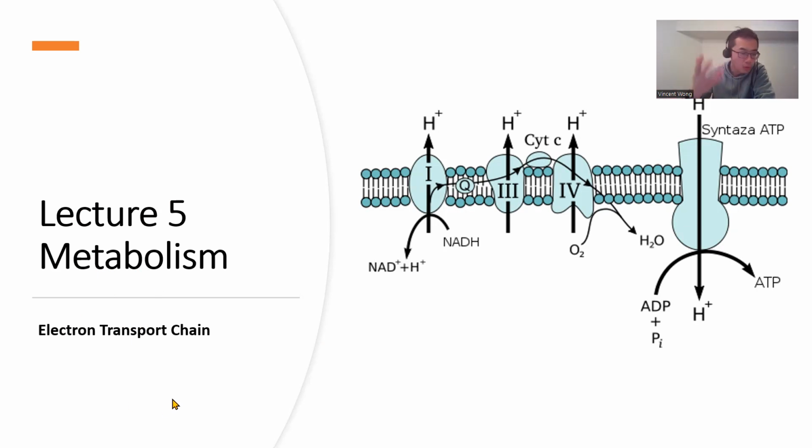So the whole process of cellular respiration, as I told you, is divided into 4 separate stages, right? We have the glycolysis, the pyruvate oxidation, as well as the Krebs cycle. So these first 3 steps is where we are going to be oxidizing the glucose.